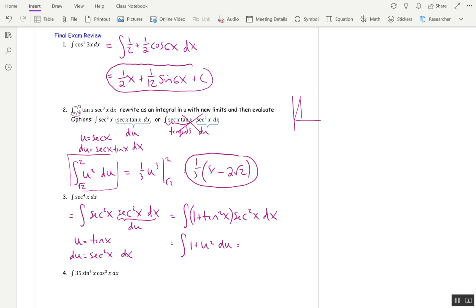Now, as I integrate, I'm going to back substitute. The integral of 1 is u, but u is tangent. So I'm just saving myself a step here. Tangent x plus the integral of u squared, which is 1/3 u cubed. u is tangent, so tangent cubed x plus c.